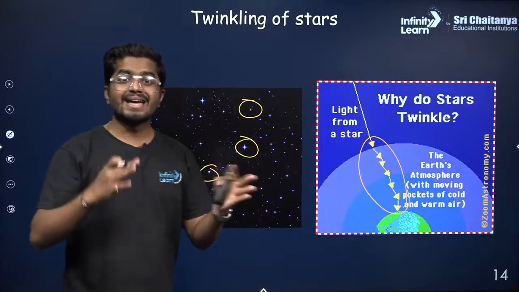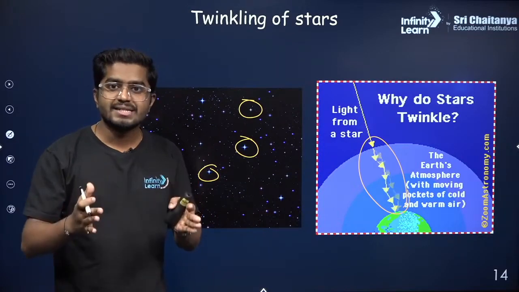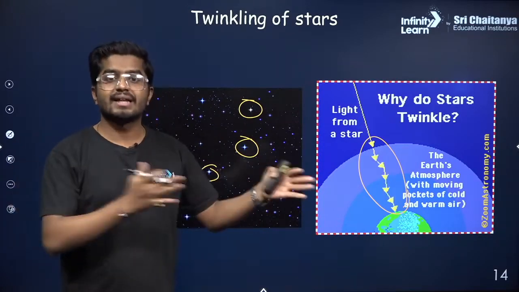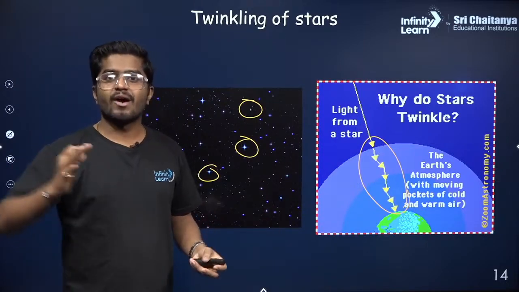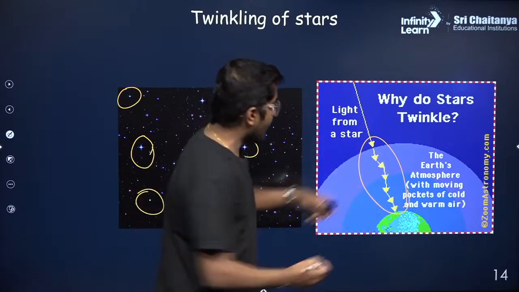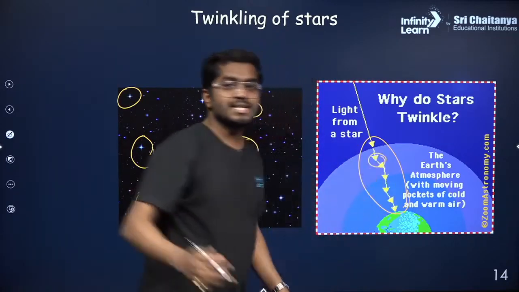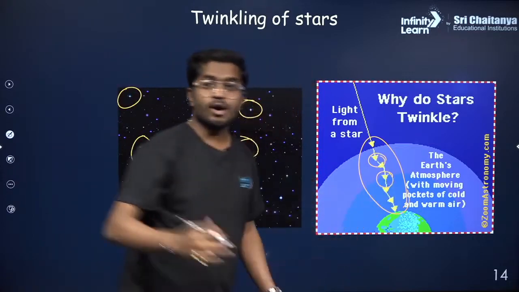atmosphere, and air is not constant. Air is not like a glass. It is not fixed. Air हमेशा move करती रहती है, right? हमेशा से air move करेगी, और उसकी वजह से क्या होगा, air जब भी ऐसे move करेगी, sometimes यहाँ पे कुछ pockets होंगे which is a hot air और कुछ pockets ऐसे होंगे which is a cold air.